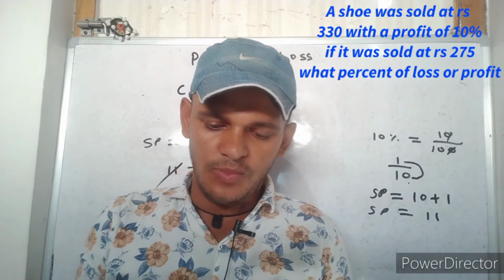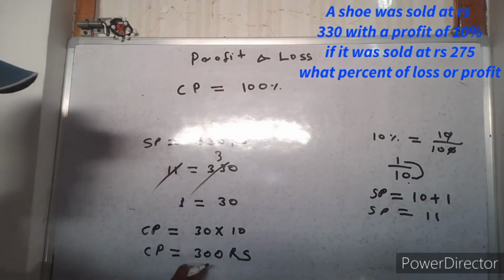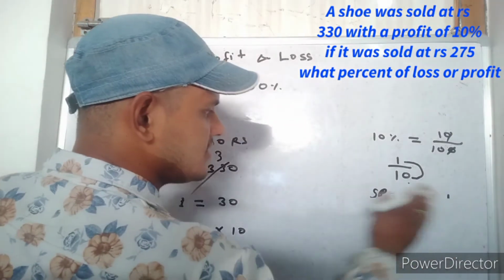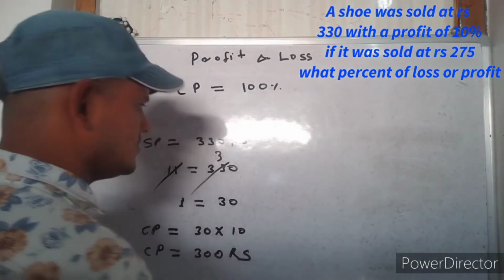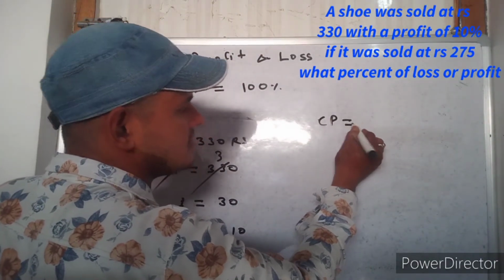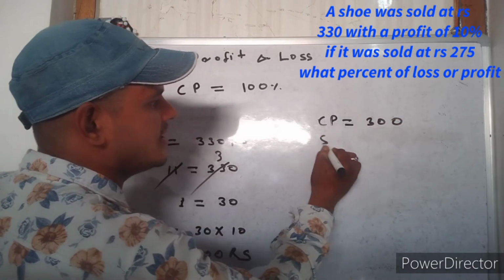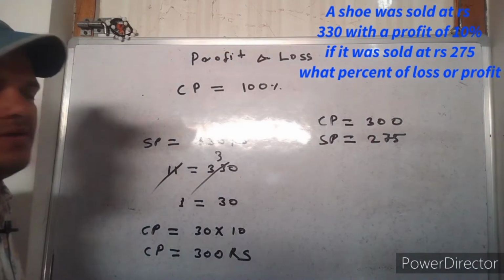What percent of loss or gain? Our CP is 300 and he sold at 275. CP is given 300 and SP is 275.